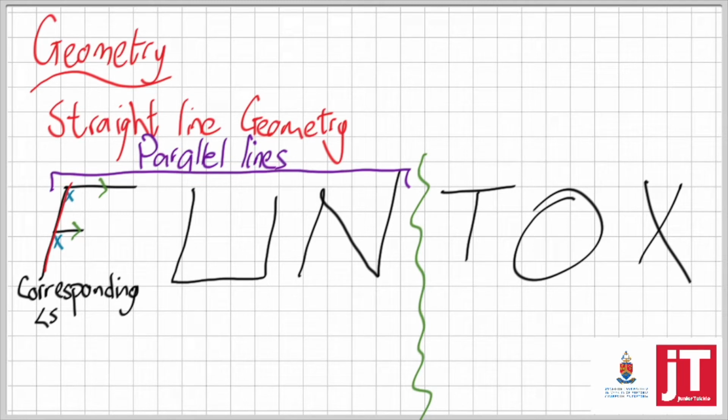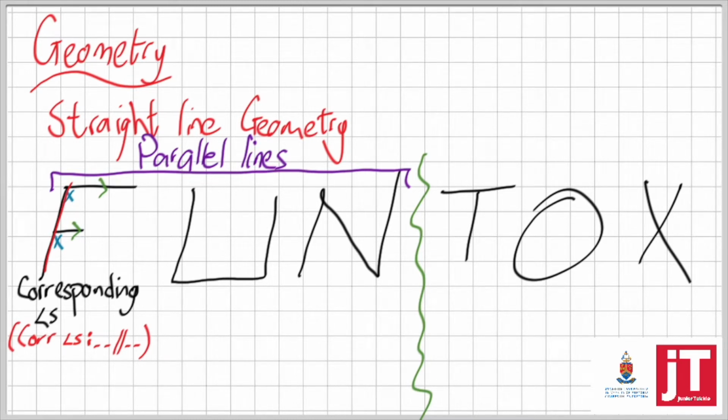Well, we're simply going to say corresponding angles. But please be careful. When you use corresponding angles as a reason, you have to specify which lines are parallel. Because corresponding angles are not always equal. They're equal when they are parallel lines.